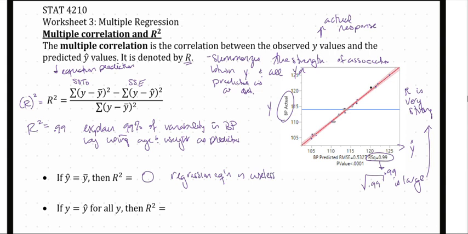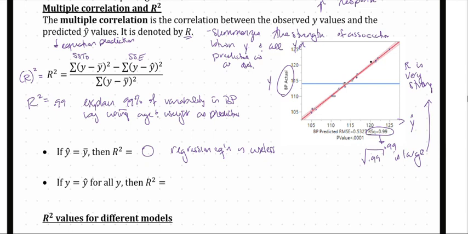That means I basically have a flat line. I'm not doing much. If my observed value equals y hat for all observations, then my R squared is going to equal 1. There is no leftover variability. That would be perfect prediction.